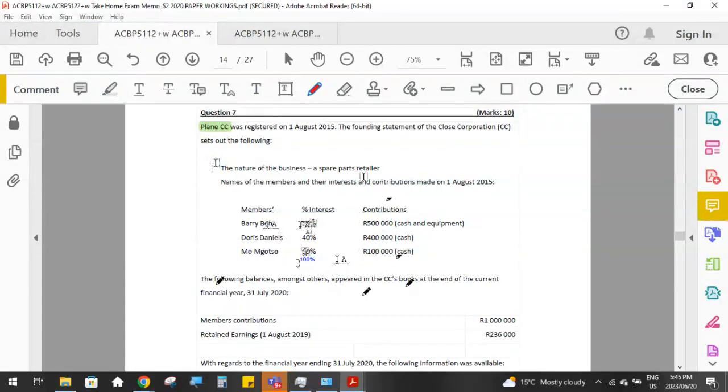And then the following balances appear in the CC's books at the end of the current financial year. Total members' contributions, 1 million. And here's our 1 million in total. Remember that goes into one account called members' contributions. And then retained earnings, 236,000, which means accumulated profits up to the 1st of August.